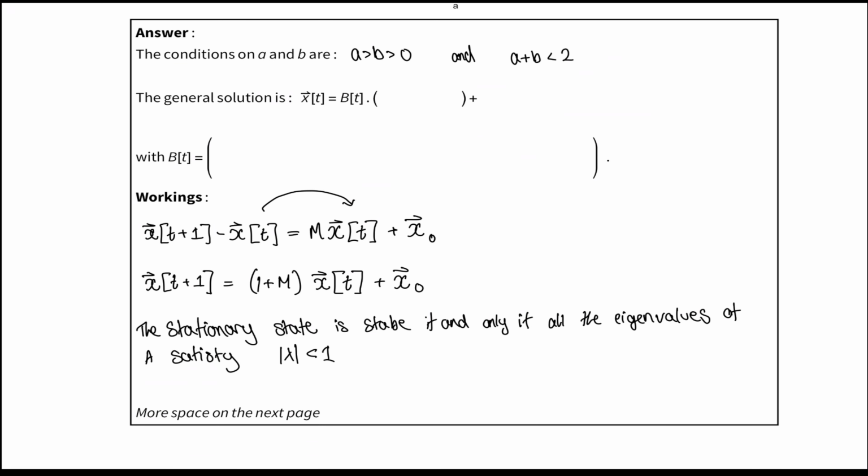In order to do this, I'm first going to define another equation which is just going to show small deviations away from the stationary state. So xt is equal to a small deviation plus that stationary state.